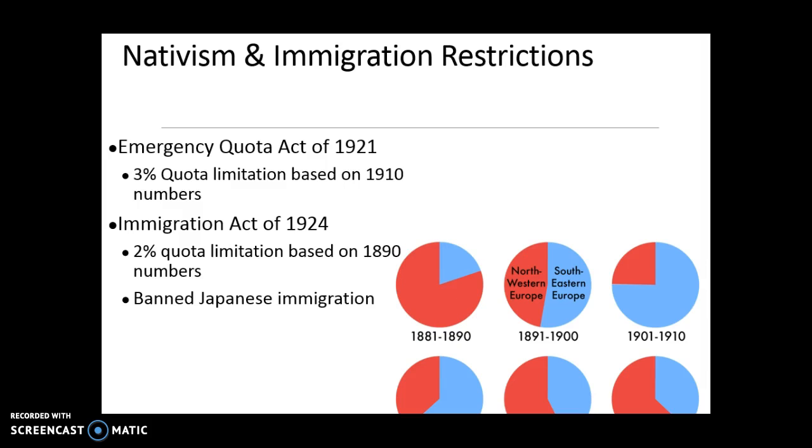And it was purposely designed to limit the immigration of Southern and Eastern Europeans, right? Because those were the least desirable immigrants coming to the United States. They also banned fully Japanese immigration to the United States as well. The Chinese haven't been allowed since the Chinese Exclusion Act in 1882.